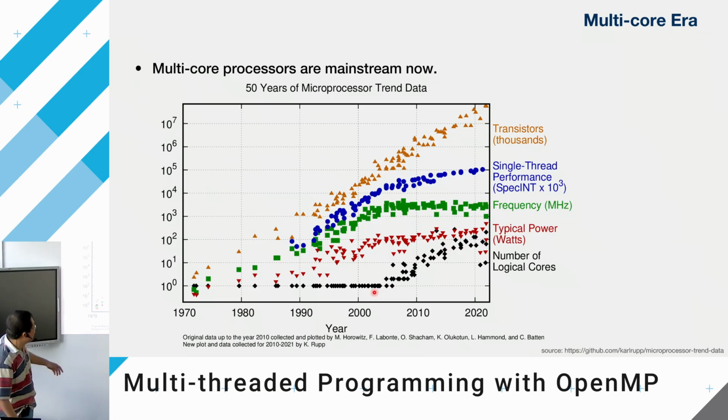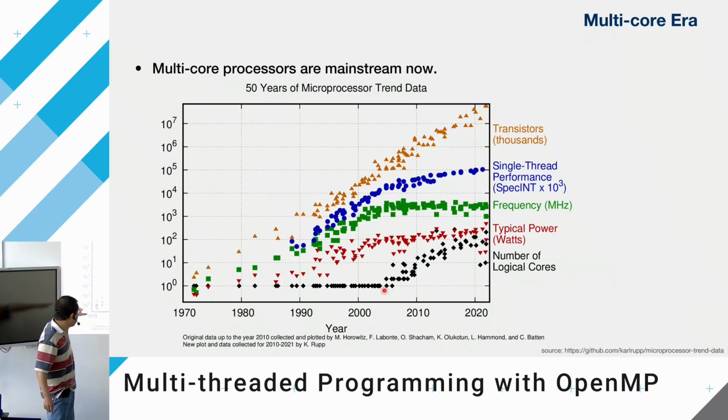But one big change you will see is the number of logical cores. From roughly 2005, roughly 20 years ago, this is a scale of the power of 10. Previously, 10 to the power of 0 CPU cores per socket, so only one core. And now, as you can see, 100 cores roughly, it's very common.